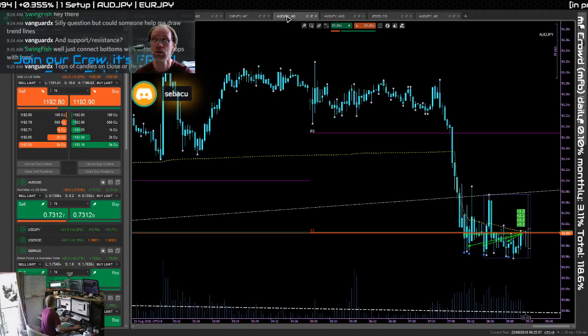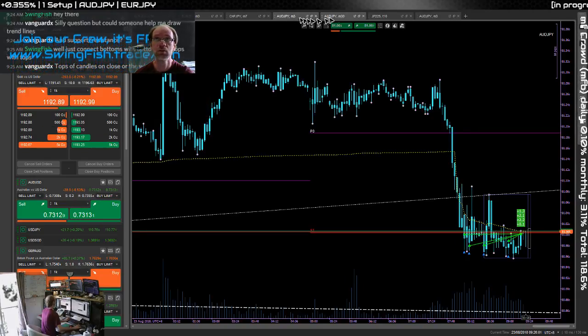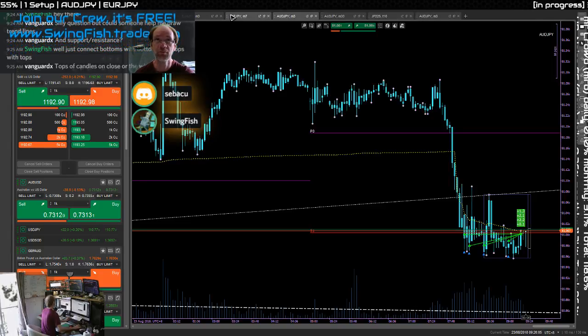Yeah, dollar pulling up back to resistance. Yeah, but this is a dangerous trade, to be honest. Yeah. Dollar up at the resistance.